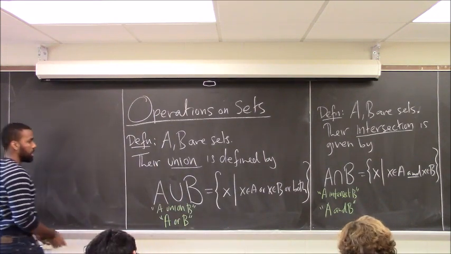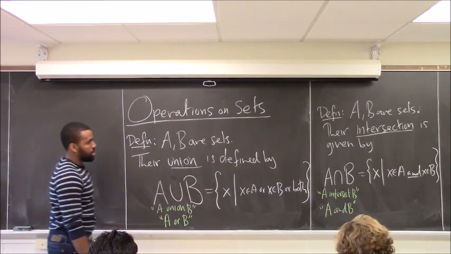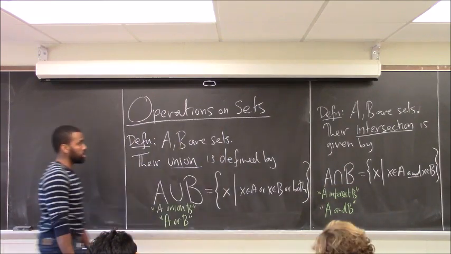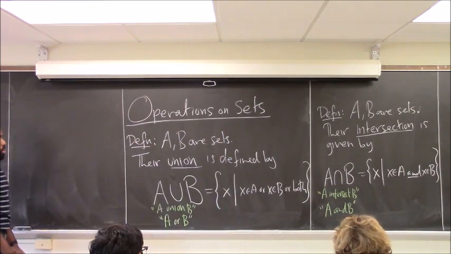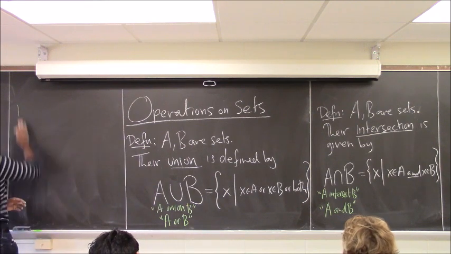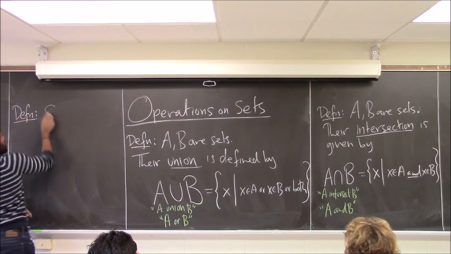So we can kind of combine sets using a union, and we can distinguish who is in both sets at the same time with an intersection. Another important operation is called set minus.